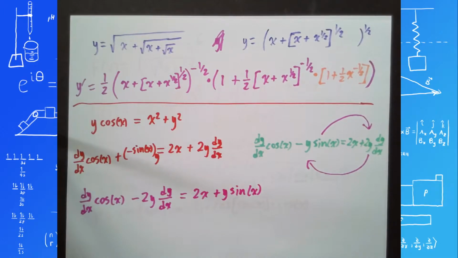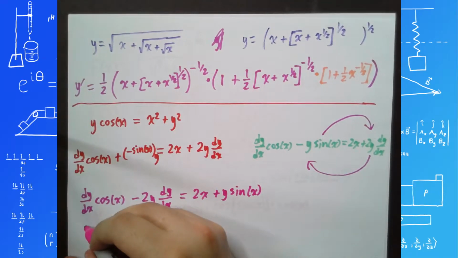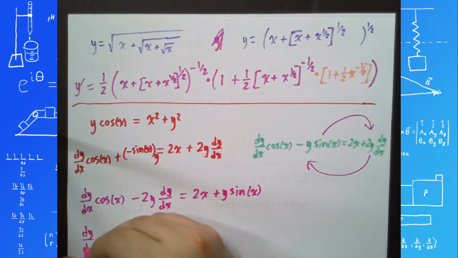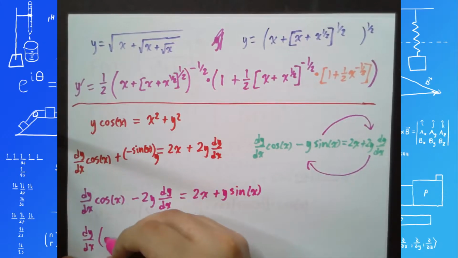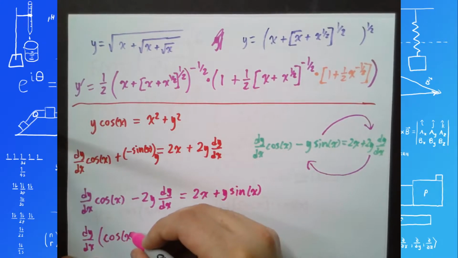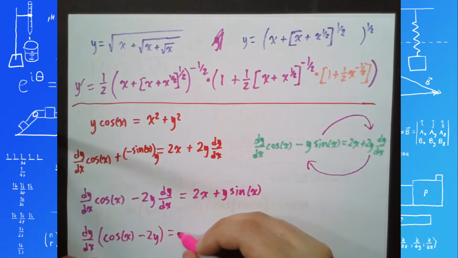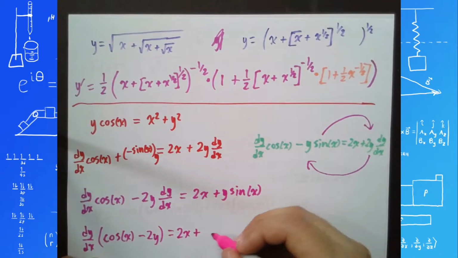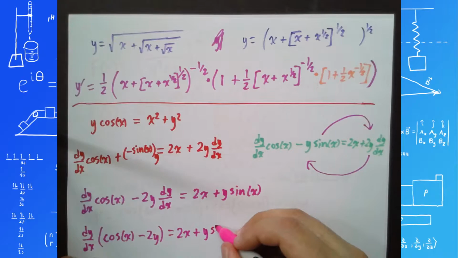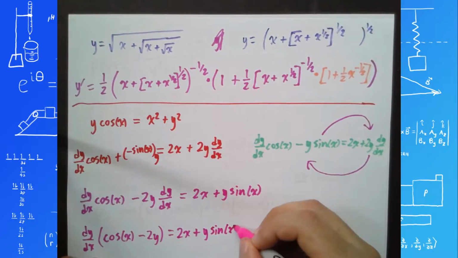Okay, factor out dy dx. That leaves us with dy dx times the quantity of cosine of x minus 2y equals 2x plus y sine of x.